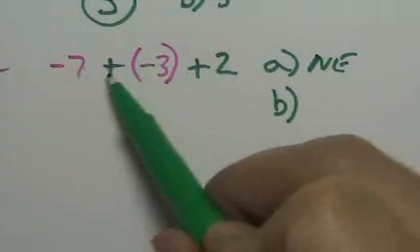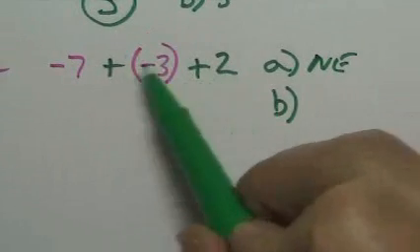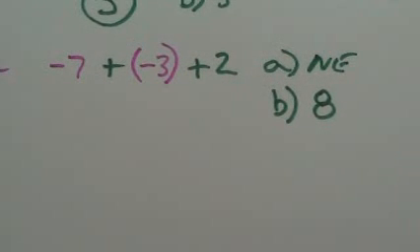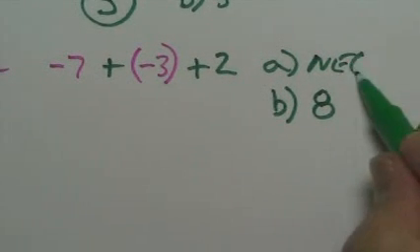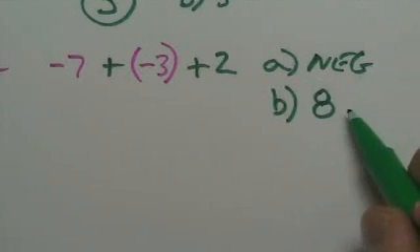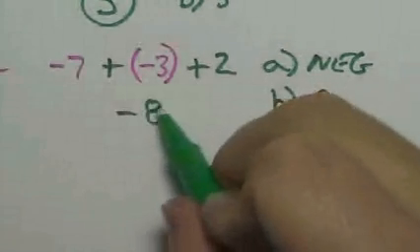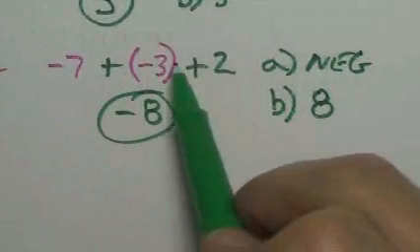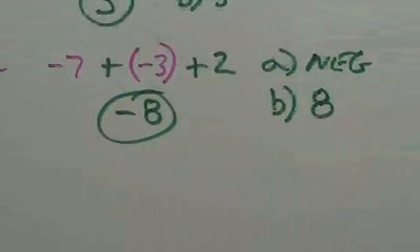There's 10 of these and 2 of those. So 10 minus 2 is 8. So my answer is -8, because negative 10 and 2 makes negative 8.